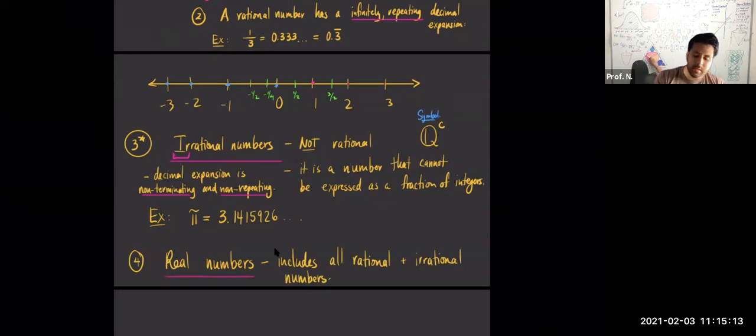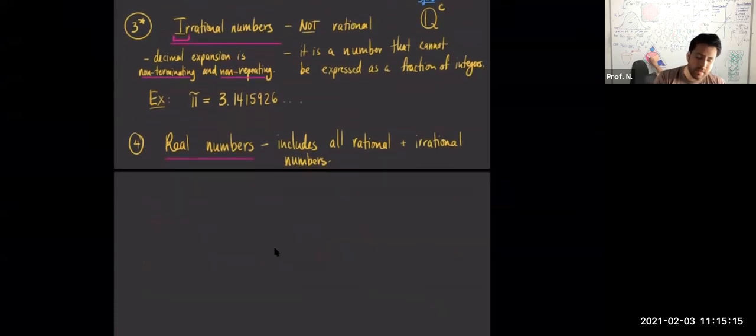The symbol is the letter R with an additional dash, a line. So real numbers include all rational and irrational numbers all together. And so when you draw a number line, everything on the number line is either going to be irrational or rational, which means that it's going to be a real number.